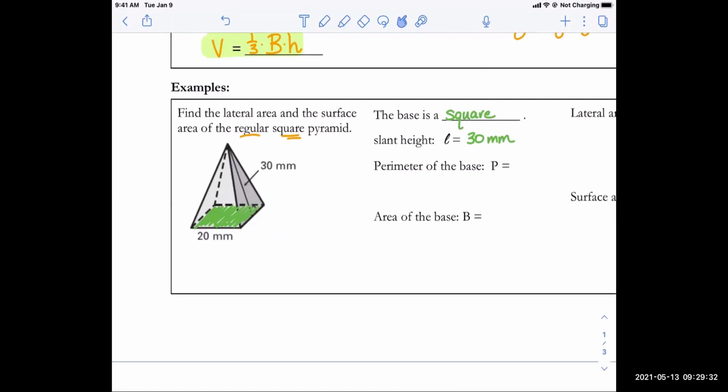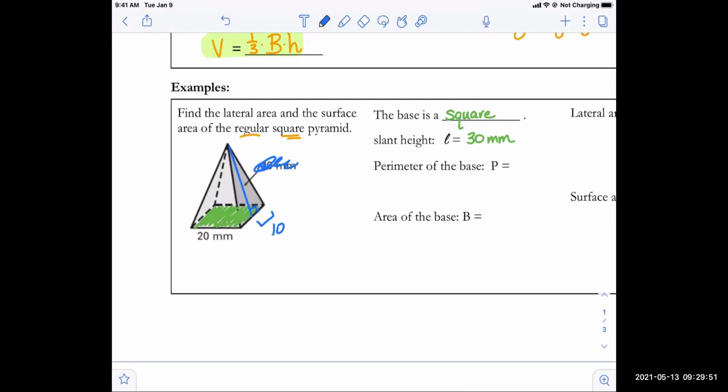Not necessarily, but for example, if I wanted you to find the slant height, so let's say I didn't tell you that it was 30, would you know how long that segment is? It'd be 10.